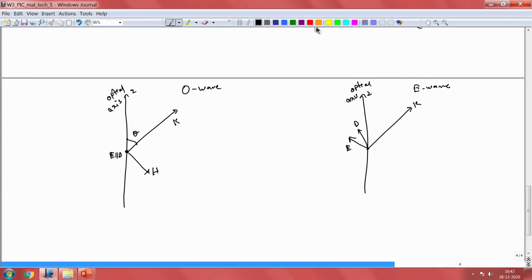So, the D is normal to K and lies in the KZ plane, but E is not parallel to D in an extraordinary configuration.